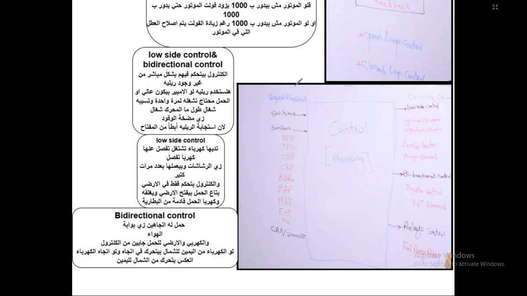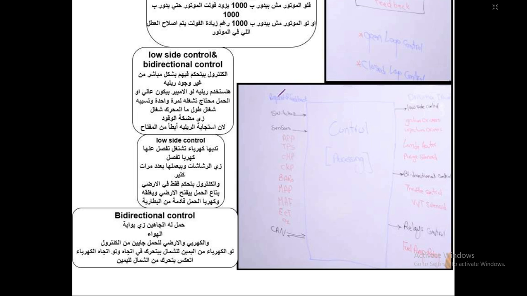I'm going to explain this VVT solenoid in the future, but for now we can understand bidirectional control because this one moves in two directions. But in low side control, the ECM controls only the ground terminal of that load.